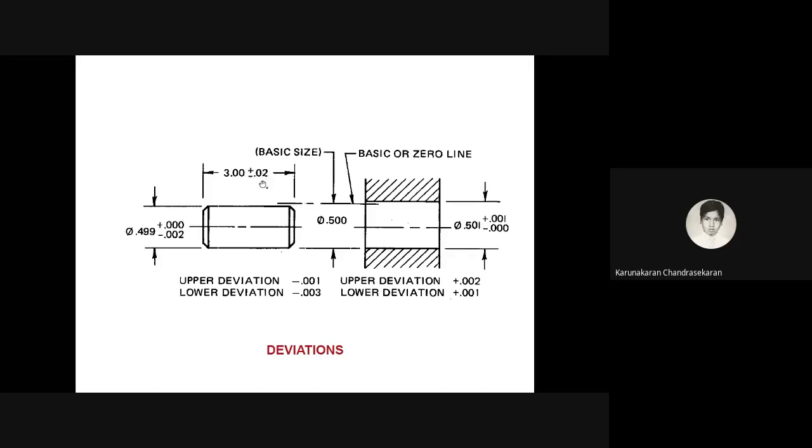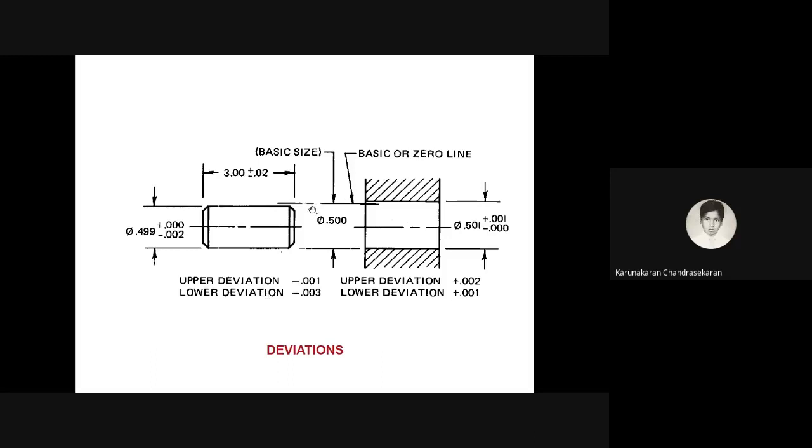What does that mean? This shaft can be accommodated even if it is 3.02, or 2.98. Likewise, both side tolerances can be mentioned, that is upper limit and lower limit, upper deviation or lower deviation.